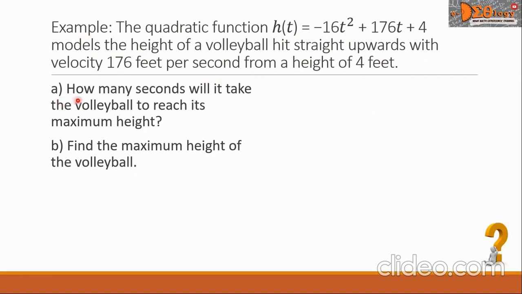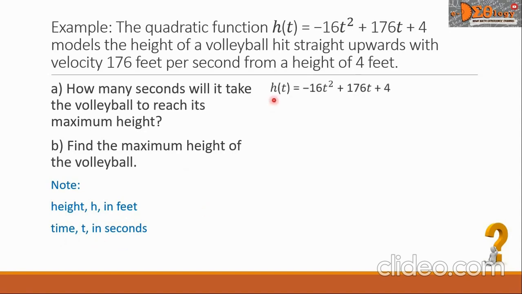Letter A. How many seconds will it take the volleyball to reach its maximum height? Letter B. Find the maximum height of the volleyball. Take note, our height denoted by h and the measurement is in feet, while time denoted by t is measured in seconds.